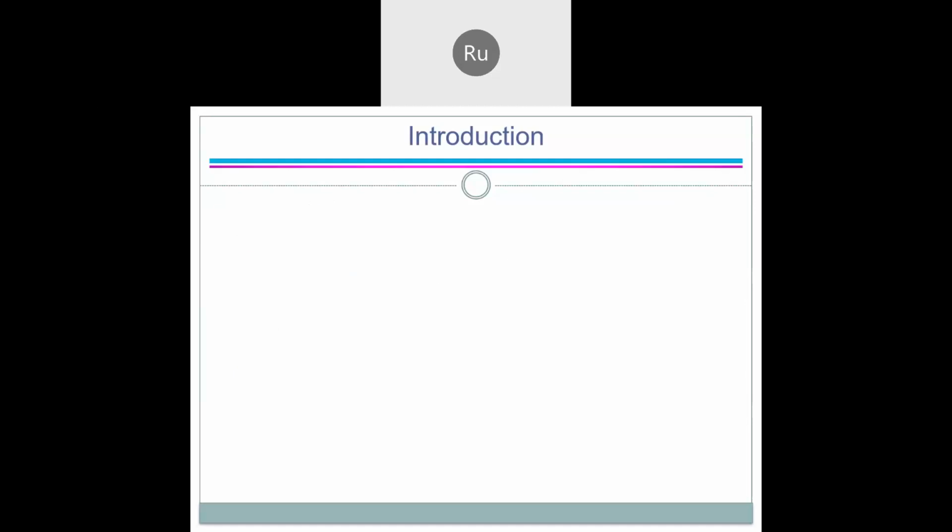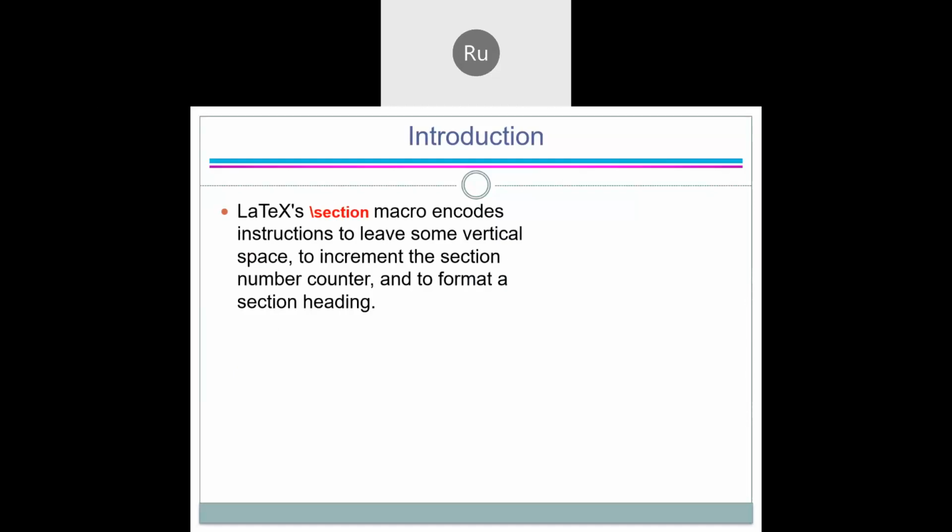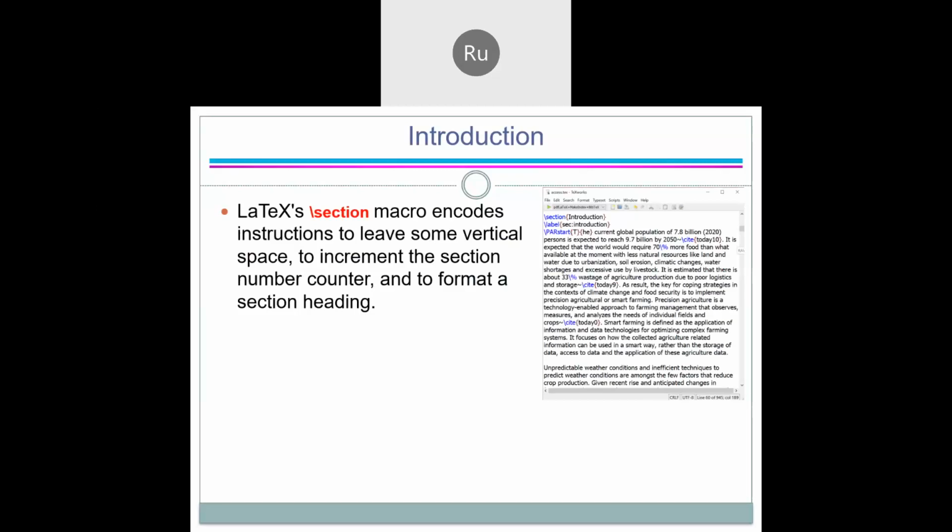Okay. So for example, the LaTeX section command is used to show this. You see the small text in the LaTeX, it's the blue section, and then the label, and then the paragraph starts. You also see the 70% with a backslash and so on, and also the citation, the backslash cite.